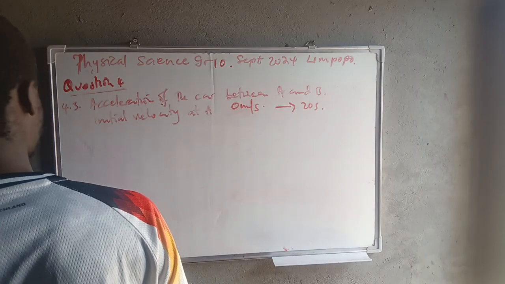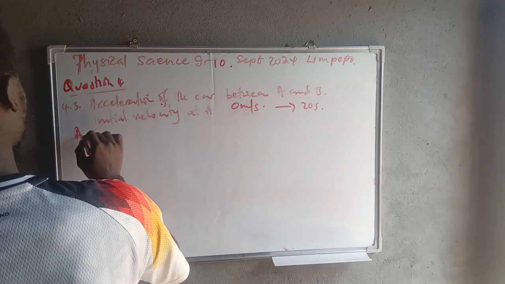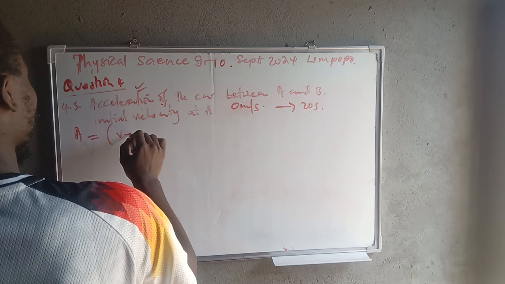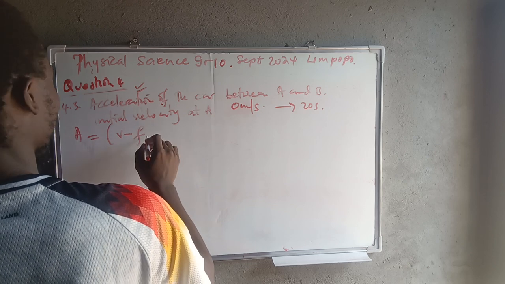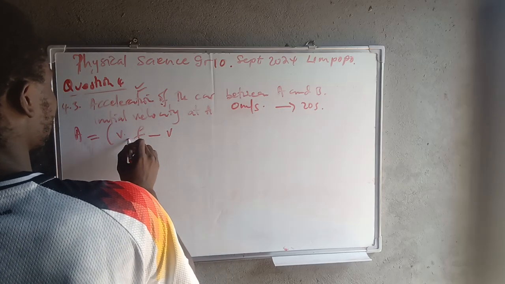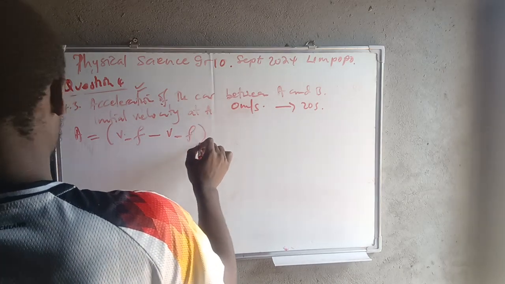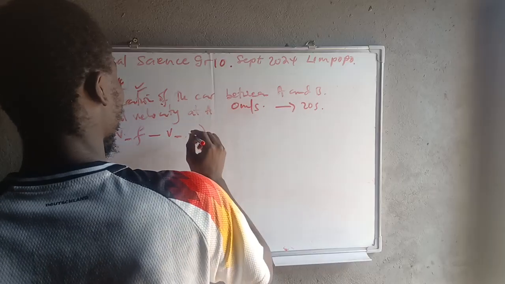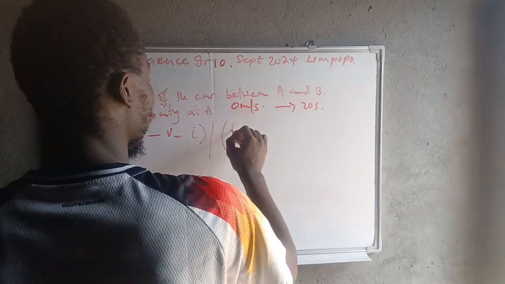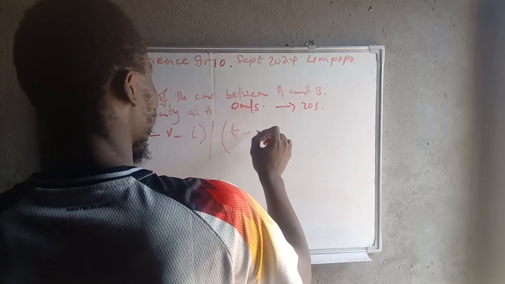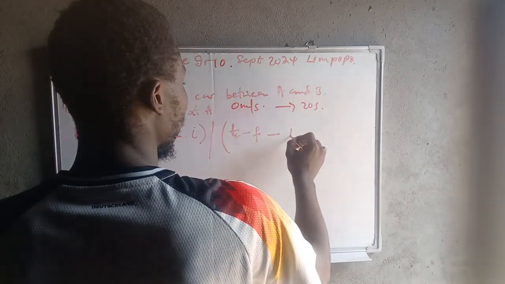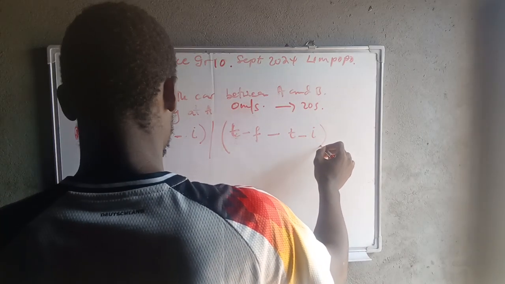So for us to find the acceleration, we're going to use the formula A equals the final velocity minus the initial velocity, divided by the final time minus the initial time.